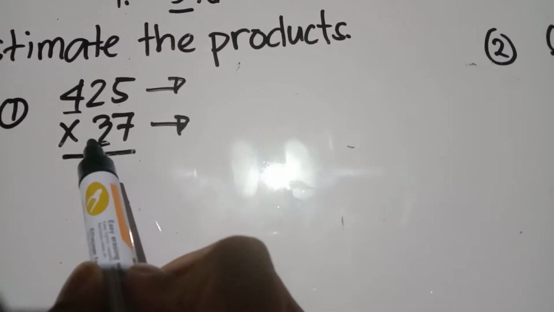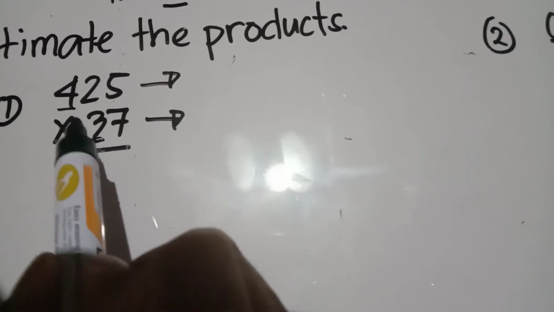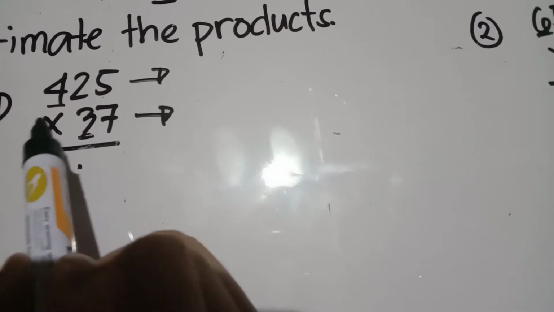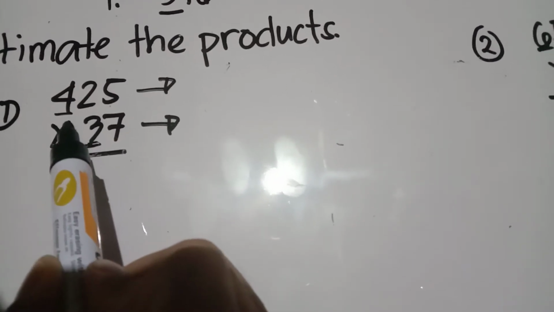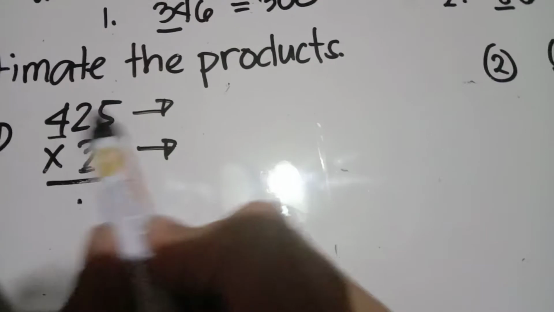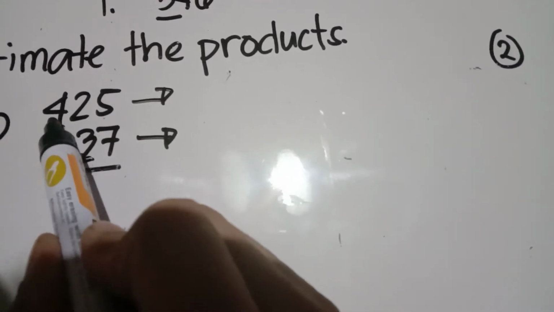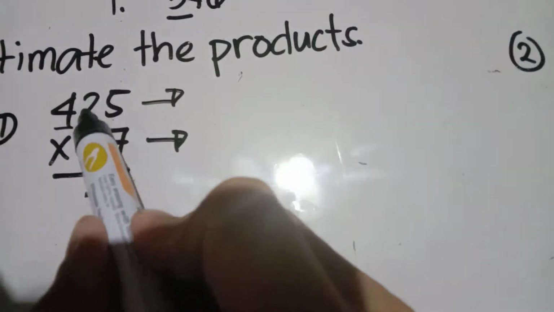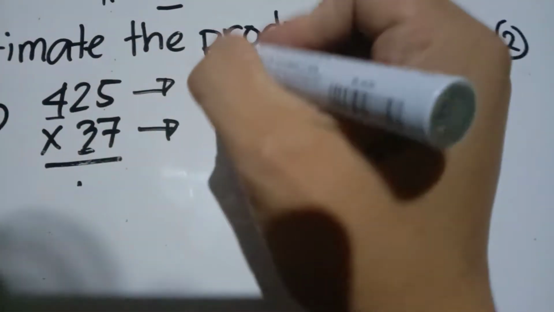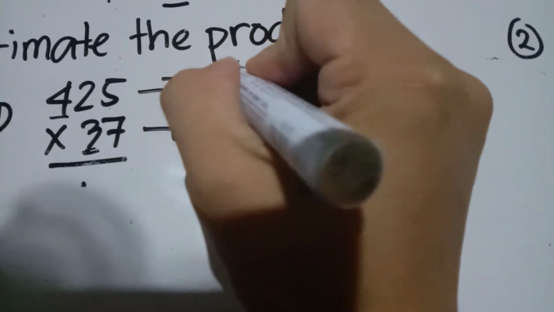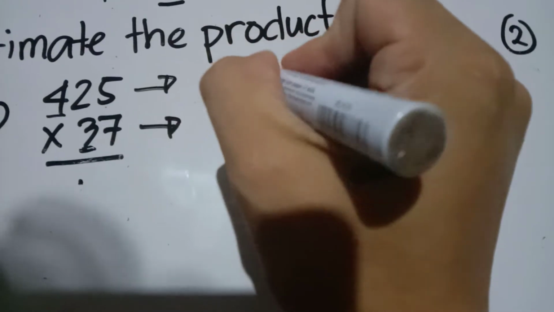So yung digit na nasa leftmost, matatagpuan sa leftmost, yun yung digit na i-round off natin. So let's start. In 425, we are going to round the digit 4. The next digit at the right is 2, so we are going to retain the digit 4. Just copy the digit 4. Then 2 and 5 become 0.